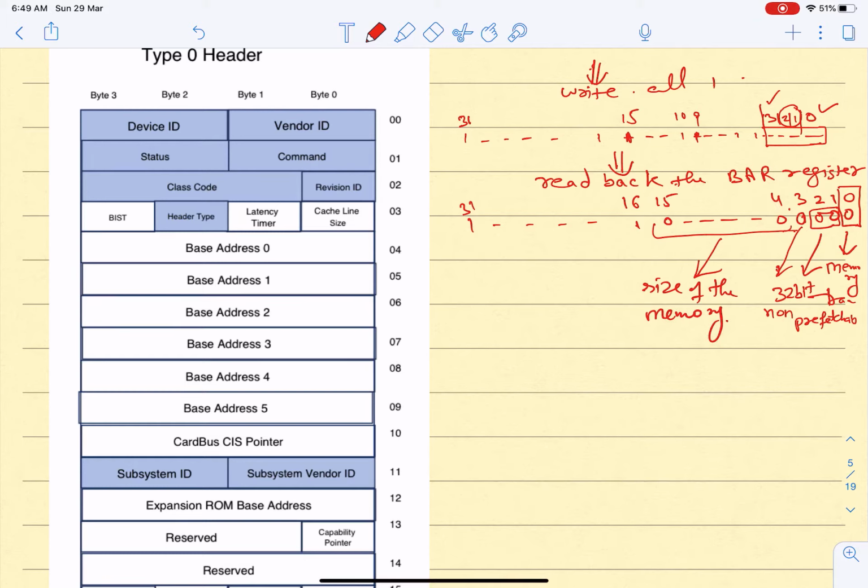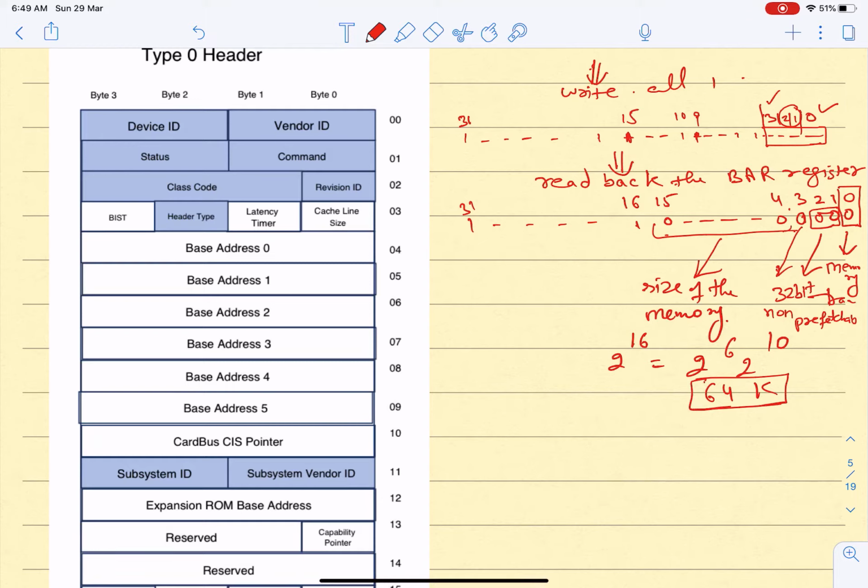Now how will it be configured? Now let's understand the 2 raised to power 16. 2 raised to power 6 and 2 raised to power 10. 2 raised to power 6, what does that mean? 64, and 2 raised to power 10 is k. So it tells that this particular BAR register will be configured for a 64k memory region.